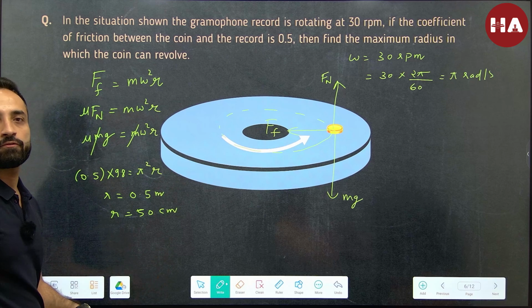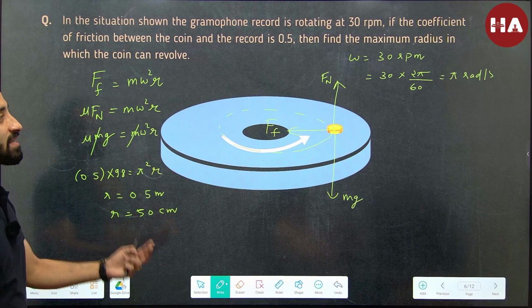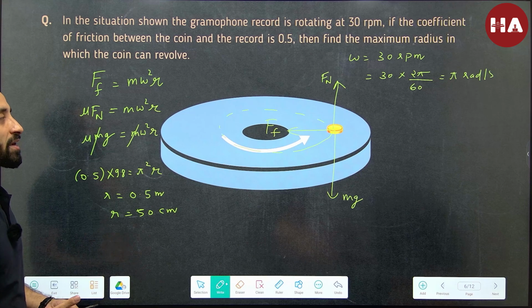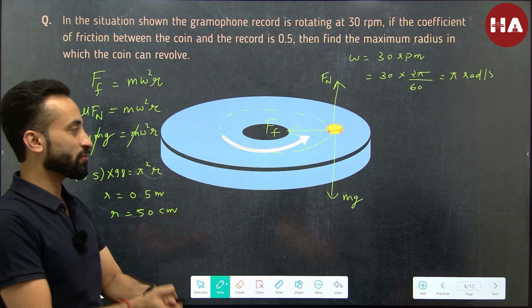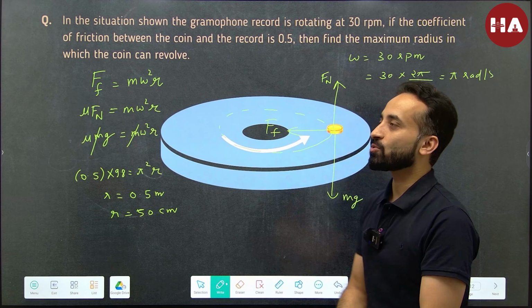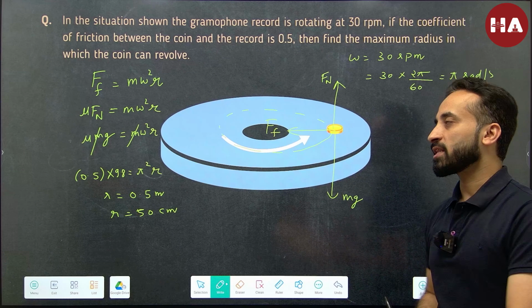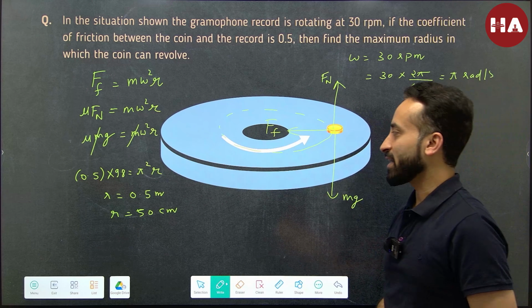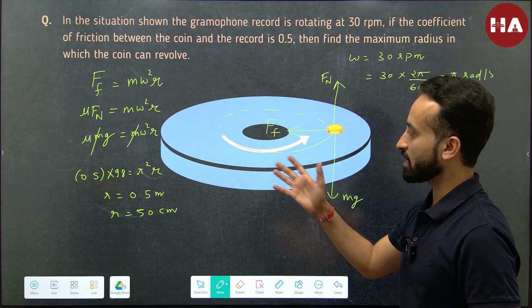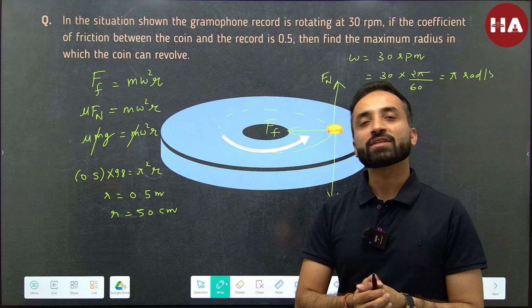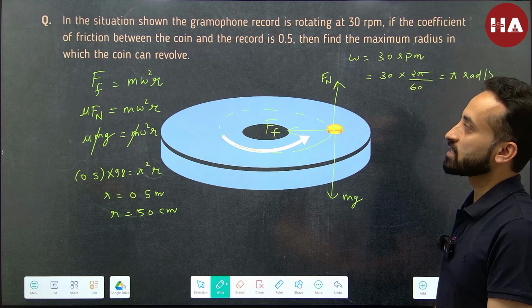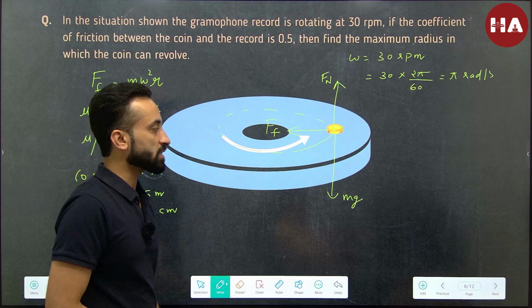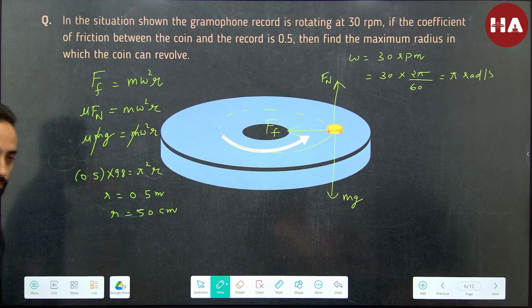Has to be 50 centimeter. Easy. What are we doing here? We are basically rotating a coin, and we are making use of the concepts of circular motion to understand how much force this coin is needing to move in this particular circular path, right? So without wasting any time, I think you should copy this down, and then we take another situation which is related with banking of roads. All right, I will wait here, copy this down, then we move.